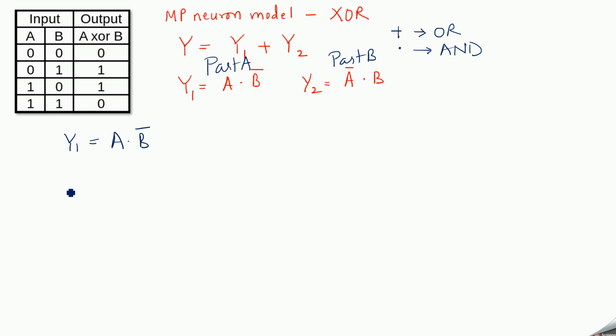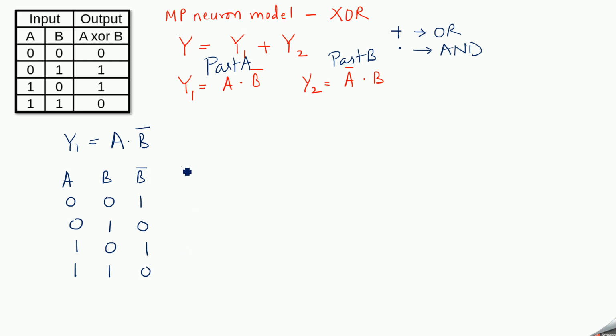So let us write down the truth table: A, B, B bar. What are the inputs of A and B? It is 0,0, 0,1, 1,0, 1,1. And for B bar, it's just the complement of B. So 0 is 1, 1 is 0, 0 is 1, and 1 is 0.